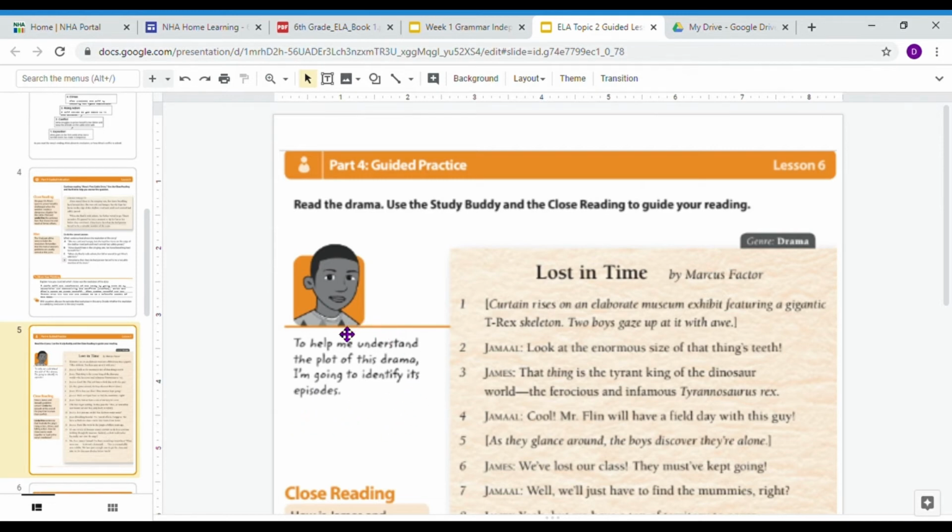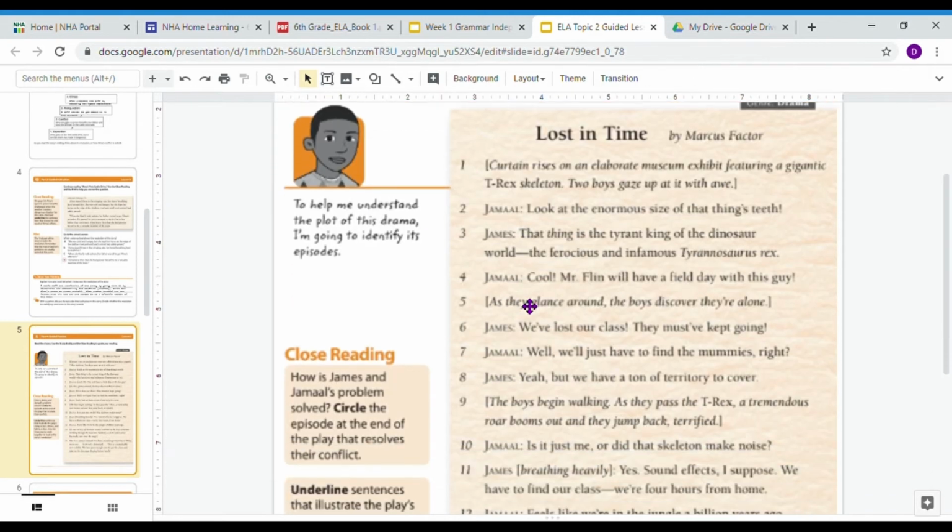So we're looking for our 5 episodes: the exposition, the conflict, the rising action, the climax, the falling action, and the resolution. So let's read Lost in Time by Marcus Factor.